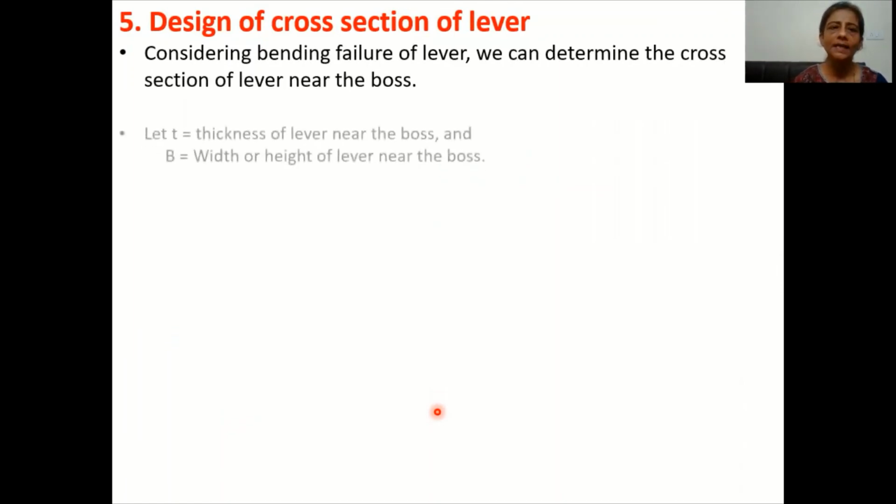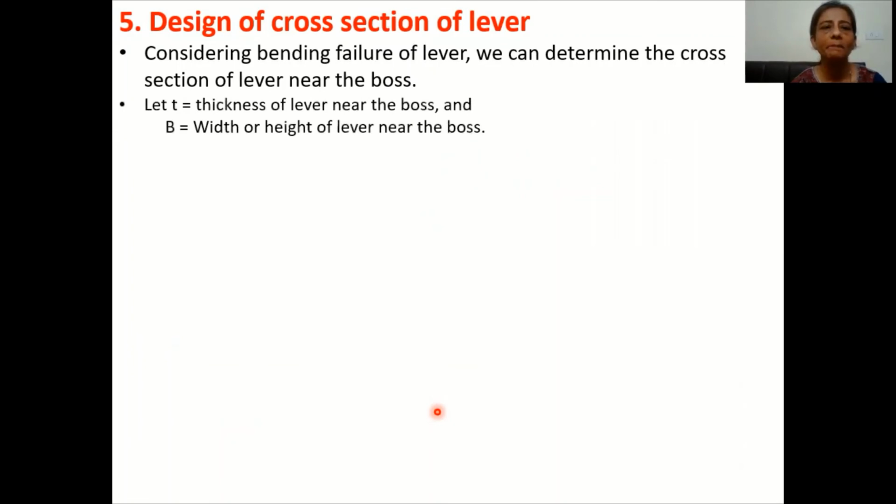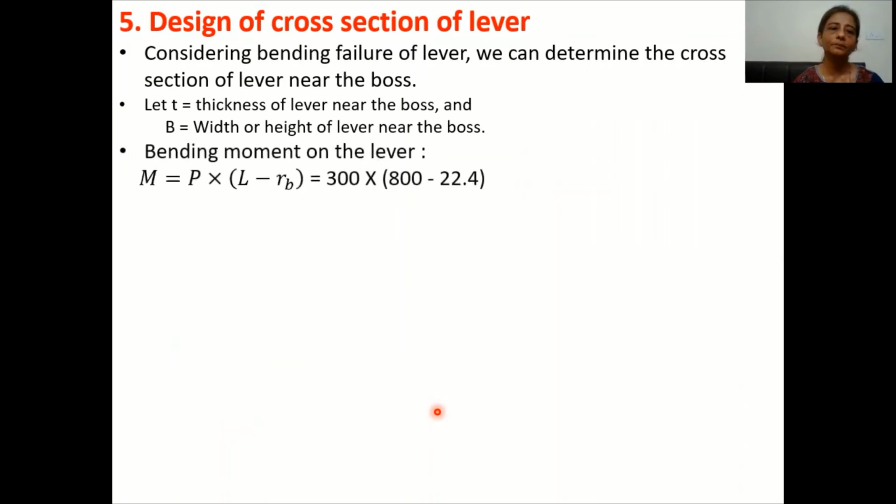We know that T is the thickness of lever and B is the width of lever near the boss. Bending moment of the lever nearer the boss is M is equal to P into effective length minus radius of boss. So after substituting values, we get bending moment as 233.28 into 10 raised to 3 Newton mm.